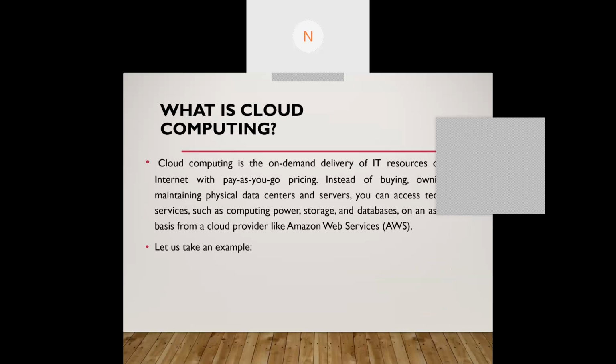So let's see what is cloud computing. Before that, let's split it into two different words, computing and cloud. What is computing? Computing is something related to a computer; anything that manages something on the computer is called computing. Now, what is cloud?